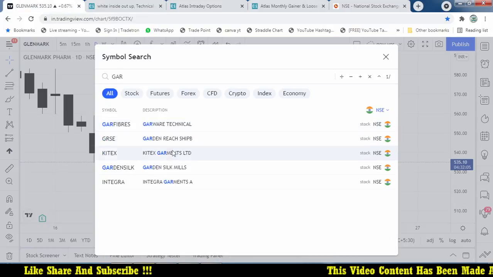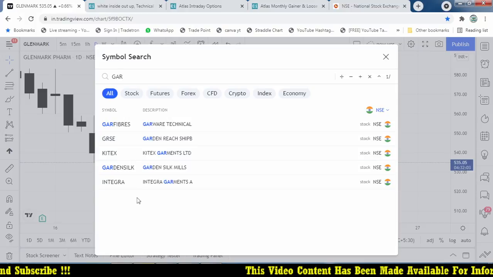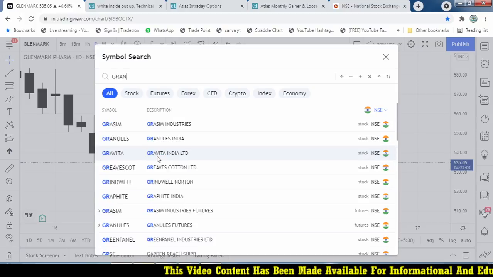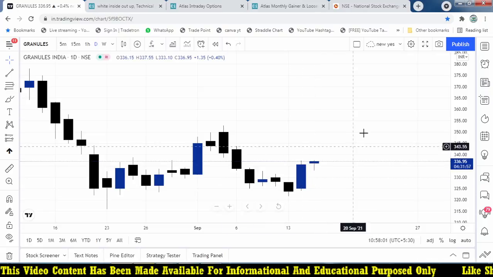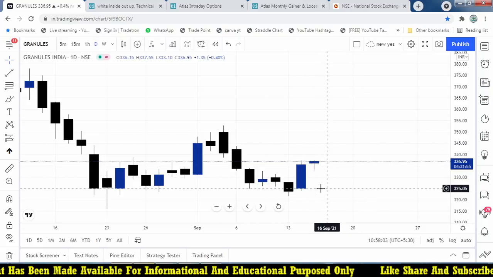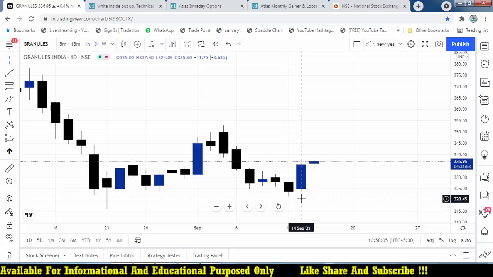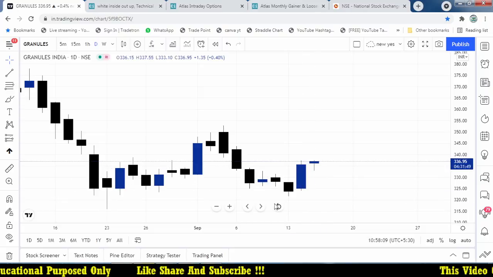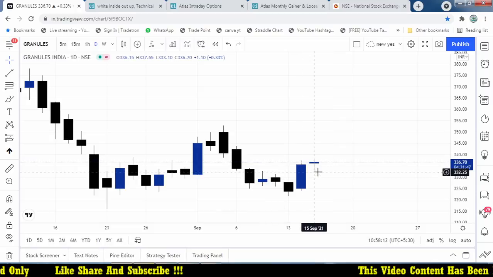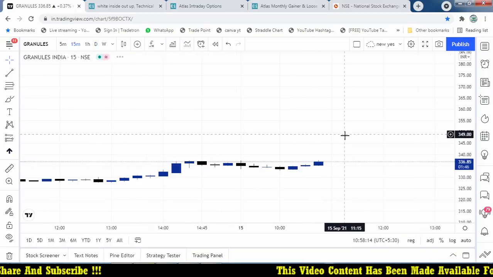And we did some trades on Granules. Perfect. So there is an opportunity in Granules when it breaks above 337.4, and it has already broken, I think, on the previous candle. Let's go for the 15 minutes.